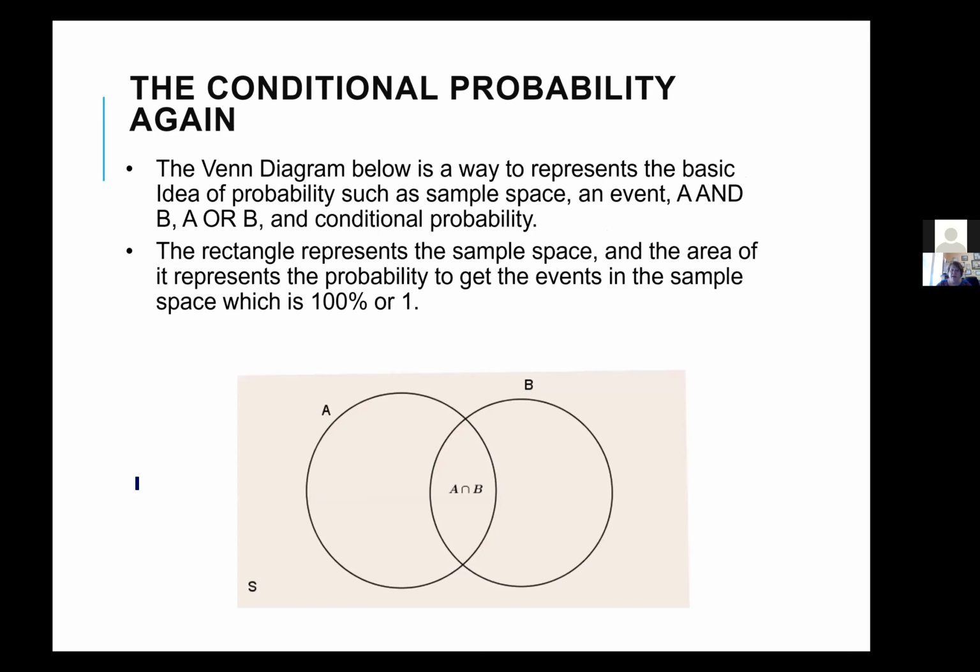Okay, so here's another picture of a Venn diagram. Again, the big rectangle represents our sample space, and the two circles represent our events A and B. Where these two events overlap is called the intersection of these two events. It's where one circle overlaps the other.